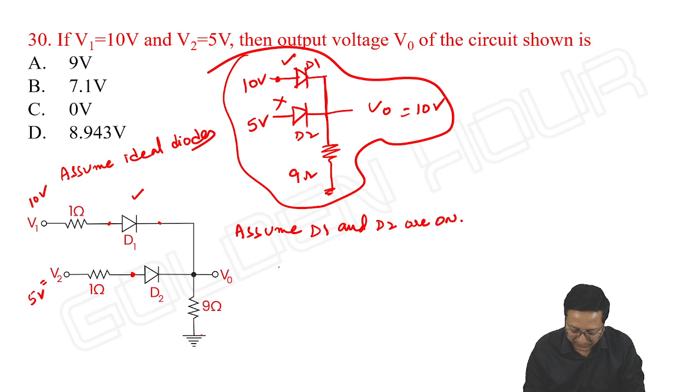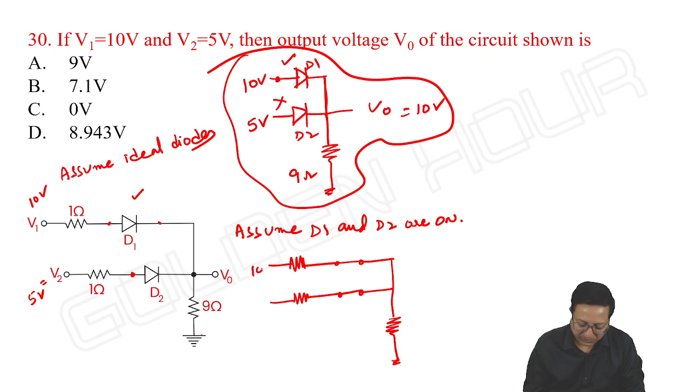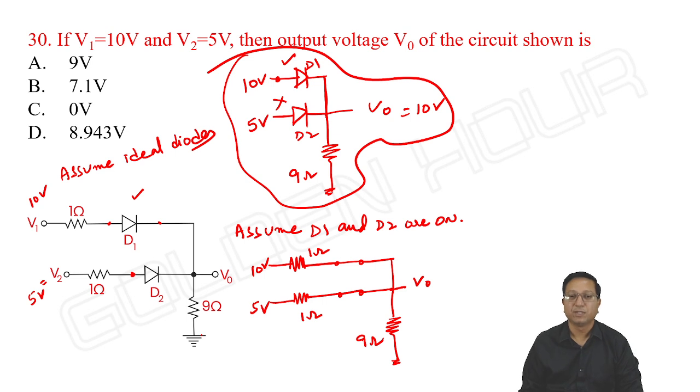Then what is the equivalent circuit? 10 volts, 5 volts, 1 ohm, 1 ohm, and the output with 9 ohms.